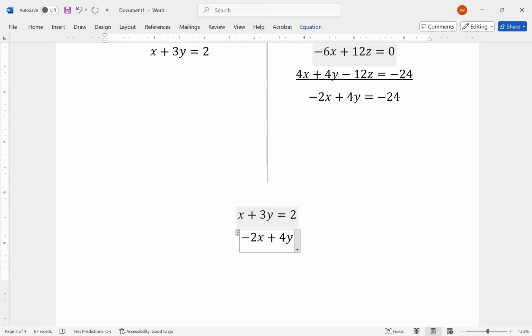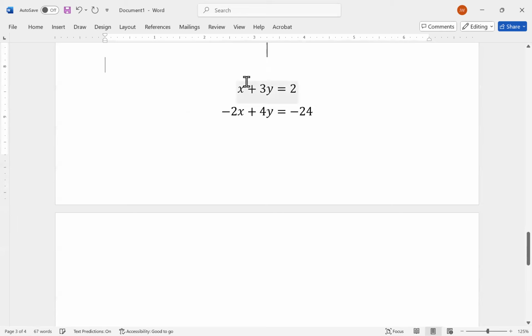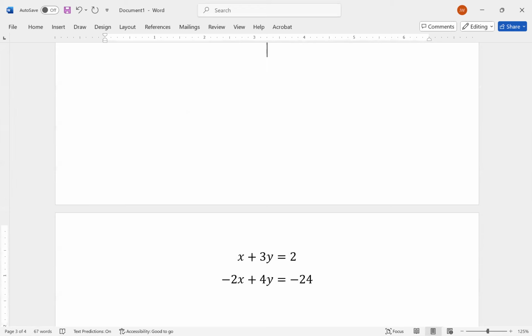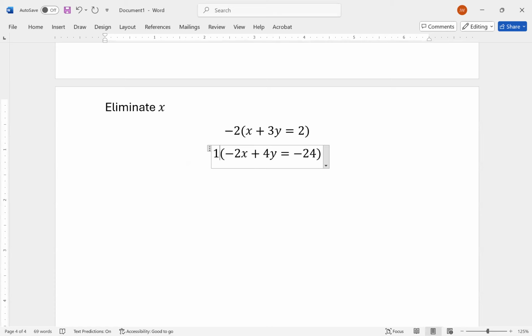Now I have two equations and two variables, and I know how to deal with that. What I'll do is let me eliminate the x. I think that'll be less multiplication. So put a -2 in front of the first equation, put a +1 in front of the second equation, and then change the sign on one of them. I'll change the -2 to a +2.